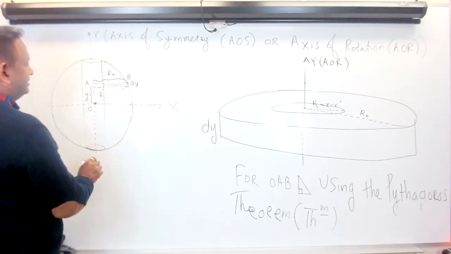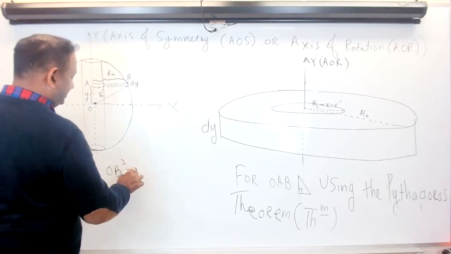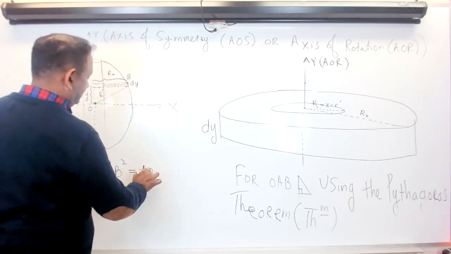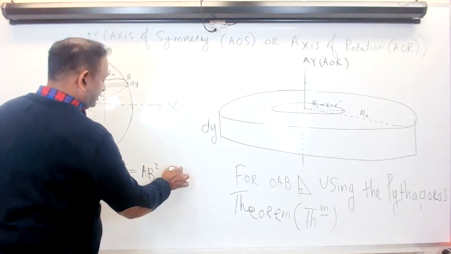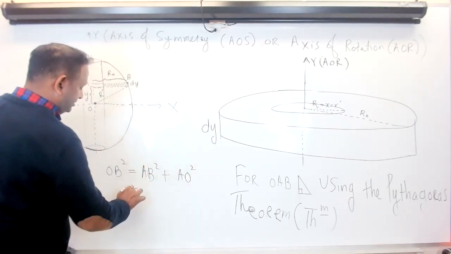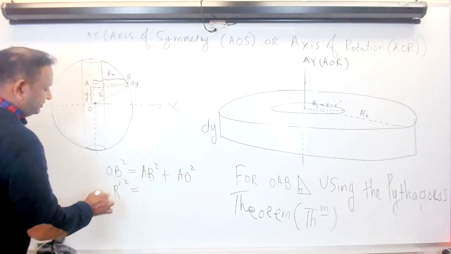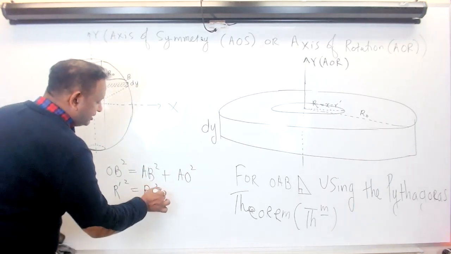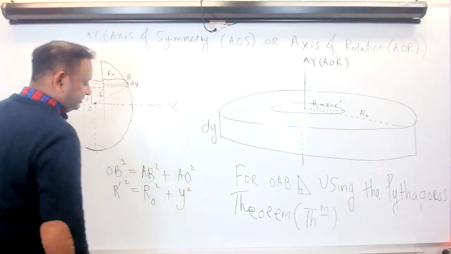We know that OB squared, the hypotenuse squared, equals the sum of the other two sides. This one is R prime squared, AB squared, R naught squared, plus this one, Y squared.